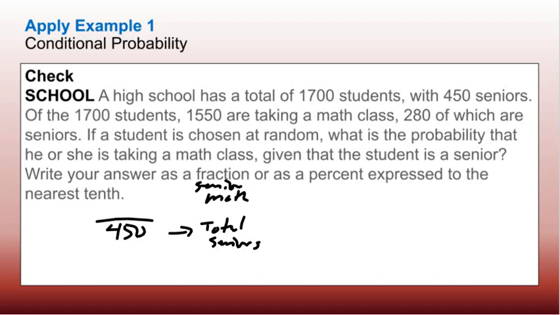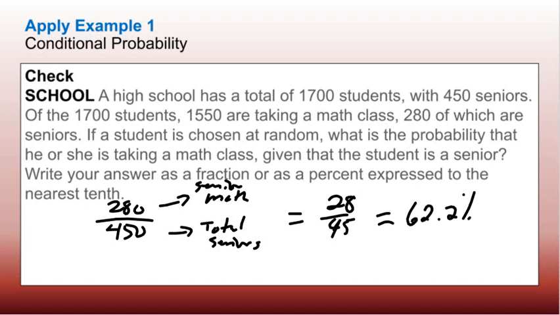It says of the 1,550 taking math, 280 were seniors. So if I reduce that, that would give us 28 out of 45. And 28 divided by 45 as a percent to the nearest tenth would be 62.2%.